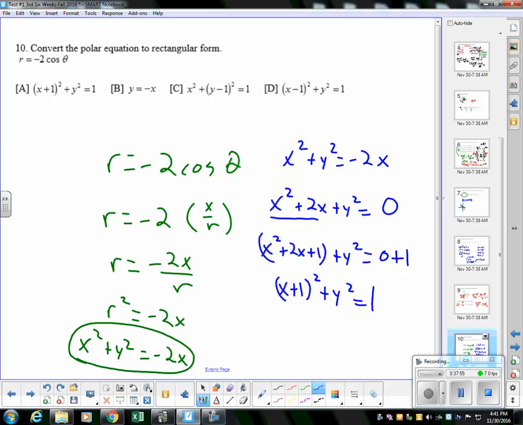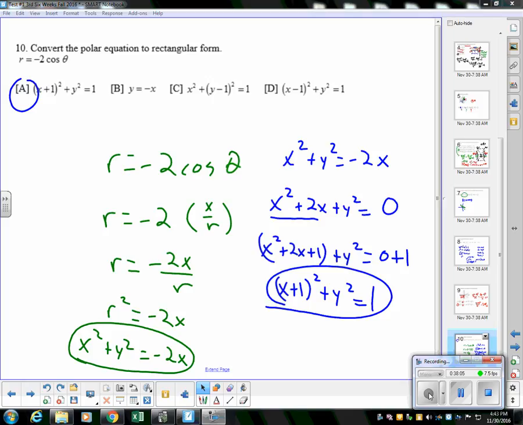Which answer choice does that match? That matches answer choice A. So you see the answer there, x plus 1 squared plus y squared is equal to 1. A is the answer choice for that.